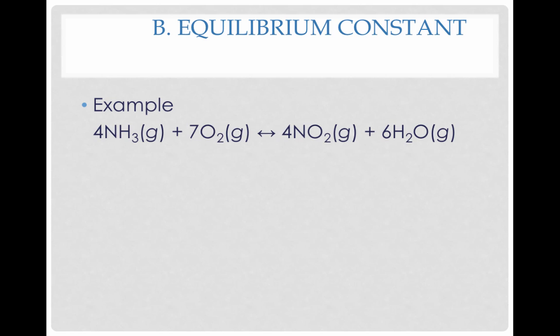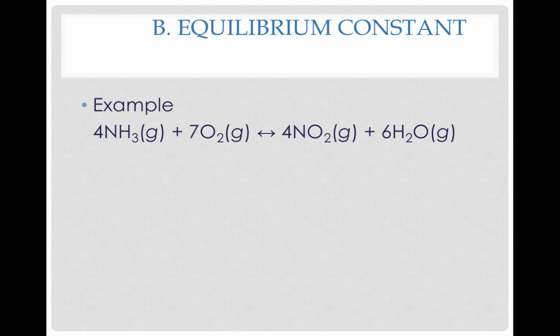So let's see an example of that. In this example, you have ammonia, which is NH3, a gas. It's reacting with oxygen, which is also a gas, to produce nitrogen dioxide, NO2, and water. In this case, water vapor, because it's also a gas. So all of these are gases, therefore they can all go into the equation.